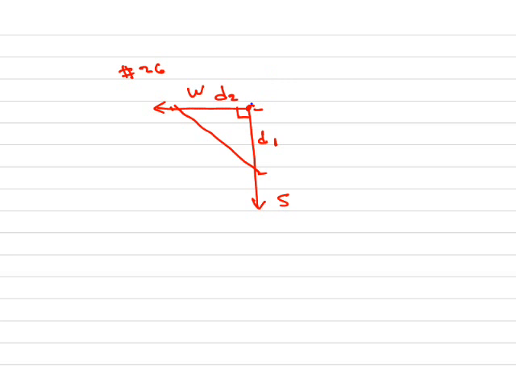So at t0, they're both at the starting point. And then let's say at another point in time, this car is at this point and this car is at that point.